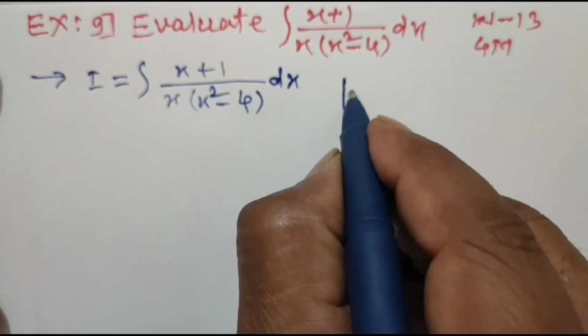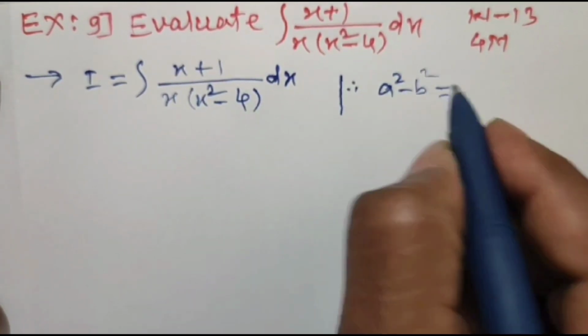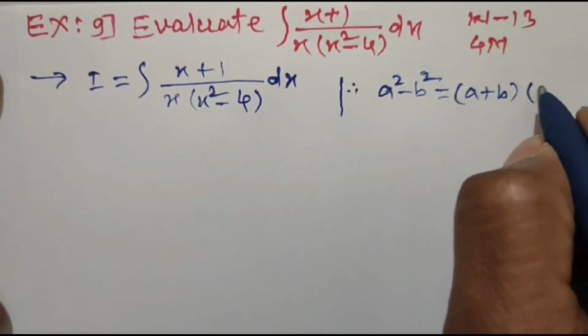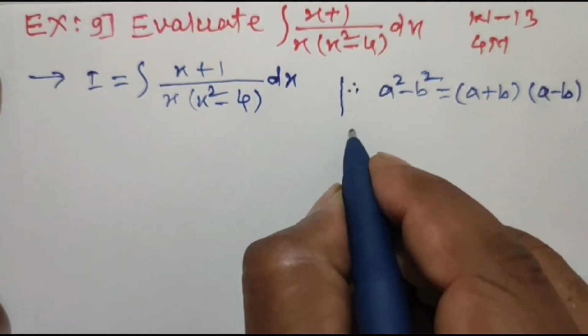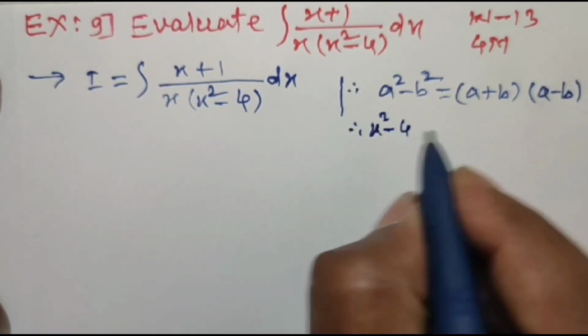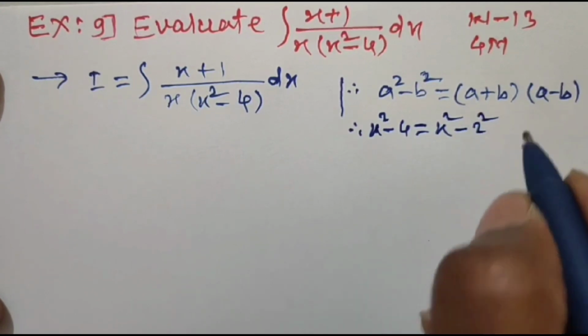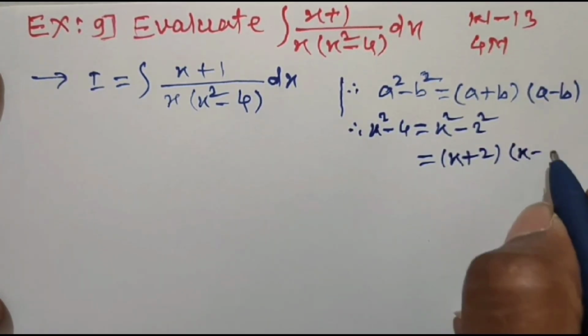First of all, we know the expansion of a square minus b square will be a plus b into a minus b. Hence x square minus 4 can be written as x square minus 2 square, which is equal to x plus 2 into x minus 2.